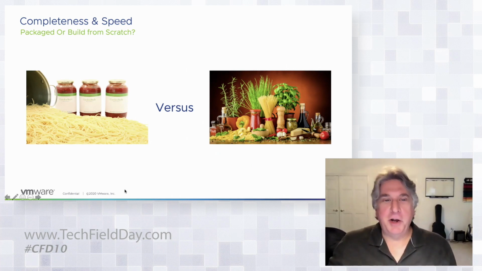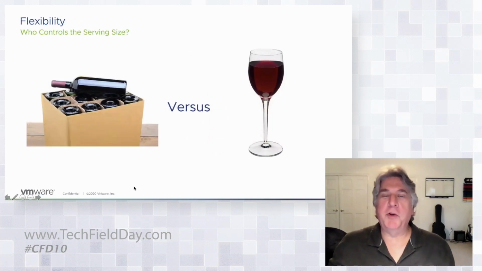So let me look at another aspect, which is flexibility. If I go to a bar or a restaurant, I can order a glass of wine and I get one glass of wine. If I decide I want just a little bit more, I have to buy another glass. It's sold by the glass, so I'm limited in the serving size. Whereas if I buy a bottle, then I can have as many glasses as I have resources for.